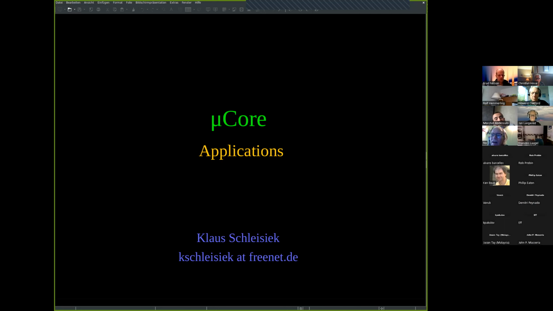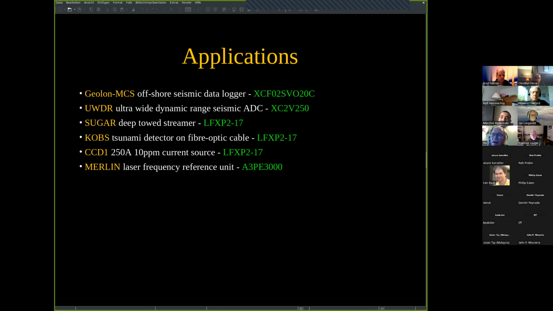Anyway, so let's start. This is the list of major applications I have been doing over a period of altogether, well, let's say 15 years or so. And I go through them project by project. The green numbers to the right are the types of FPGAs I'm using.